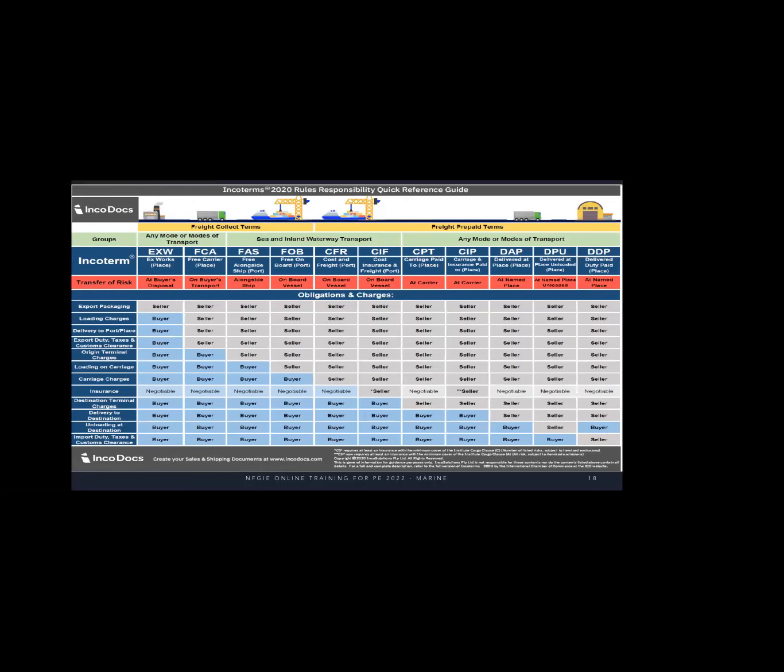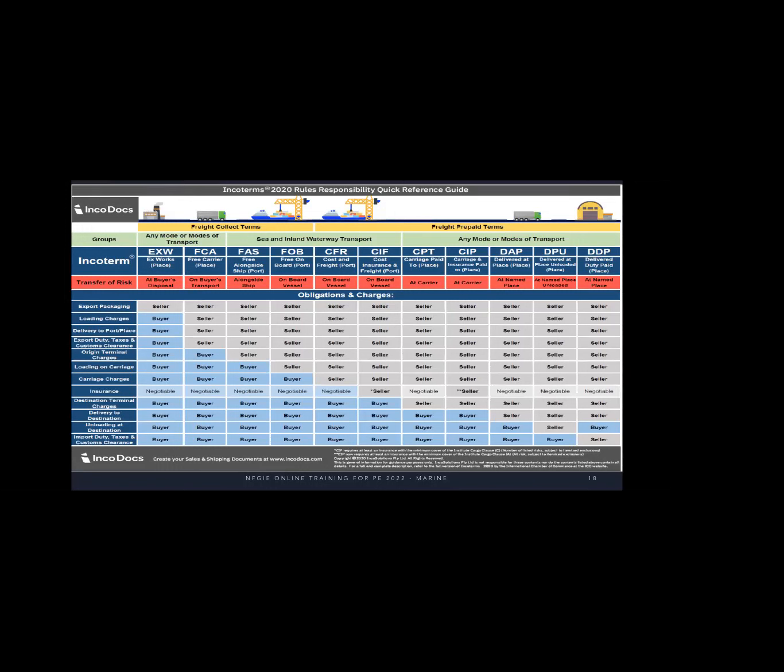Now, in the top portion, you will be able to see some diagram. You will see one factory at the extreme left corner and one warehouse on the extreme right corner. In between, one truck is there. Then there is one ship. Then there is another ship. In between, there is another truck.